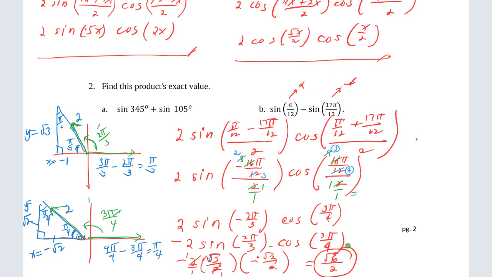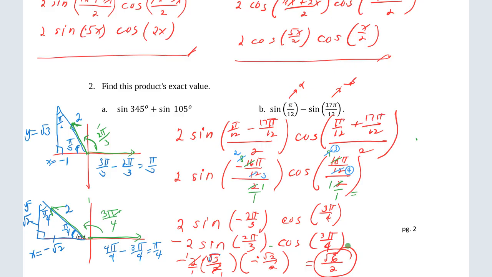Which formula should I use? Did I correctly identify alpha and beta? And did I simplify the angles completely? The best way to become comfortable with these identities is through repetition and practice, so go ahead and work on the homework exercises.